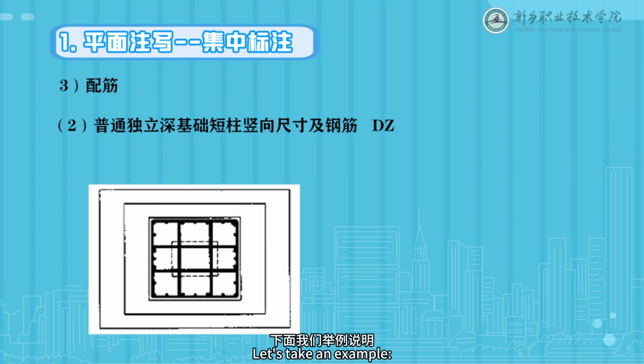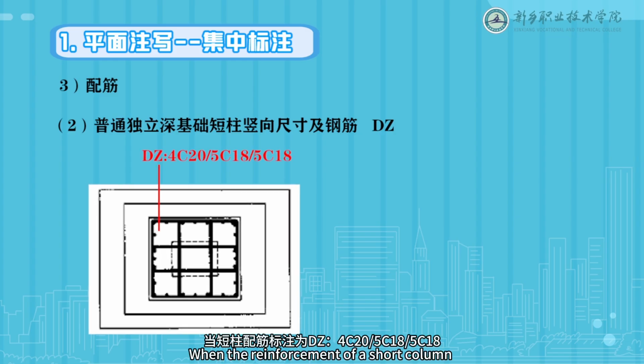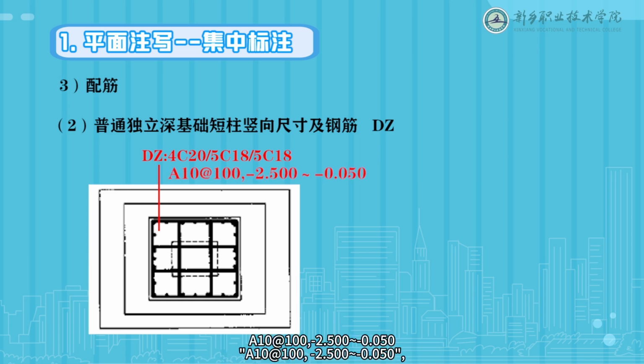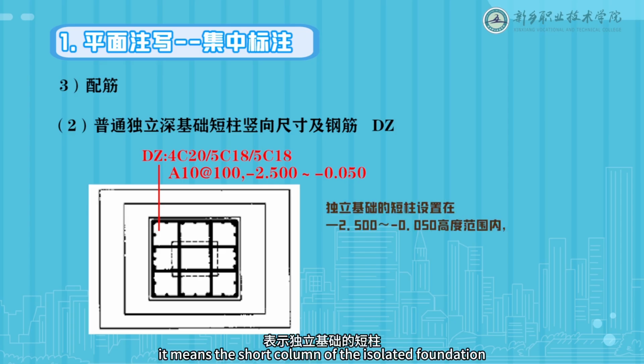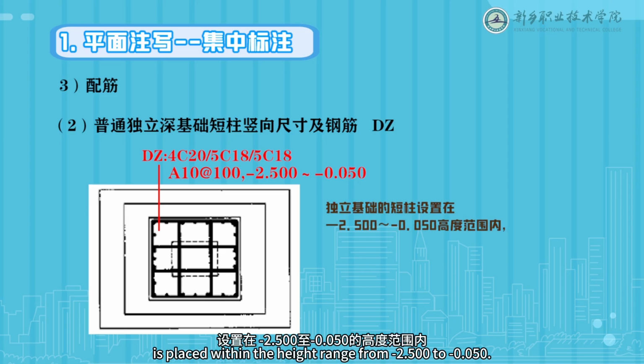Let's take an example. When the reinforcement of a short column is annotated as DZ, for C25 C18/5 C18. A10 at 100, -2.5 to -0.05. It means the short column of the isolated foundation is placed within the height range from -2.5 to -0.05.